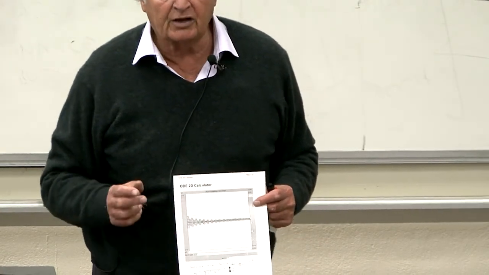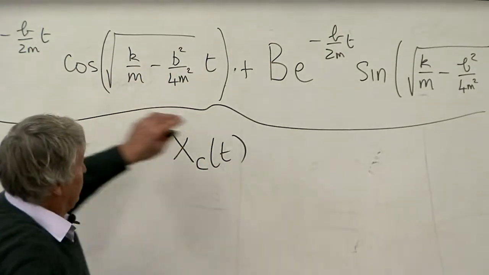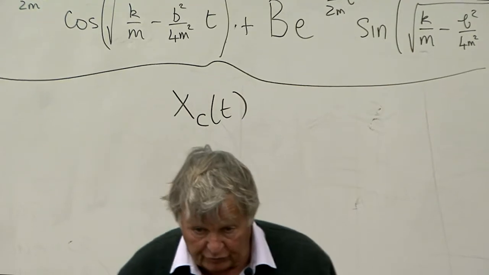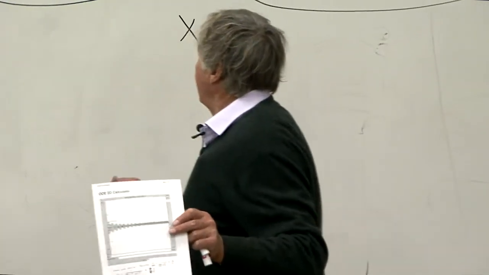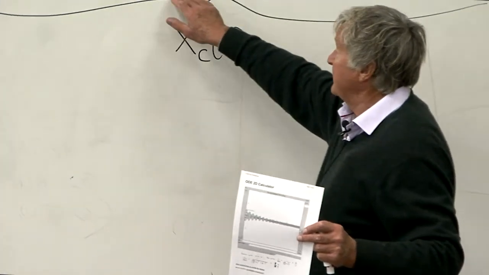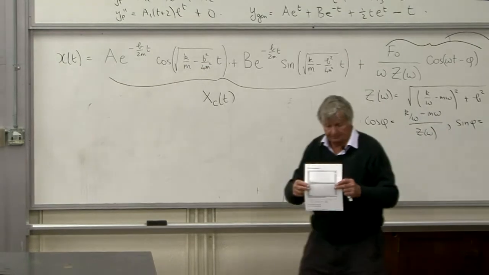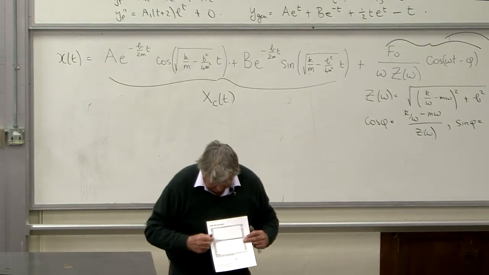But when it's originally oscillating, t is quite small, the b over 2m t damping term is quite small, so it looks as if you have oscillations with this particular frequency and the frequency omega.